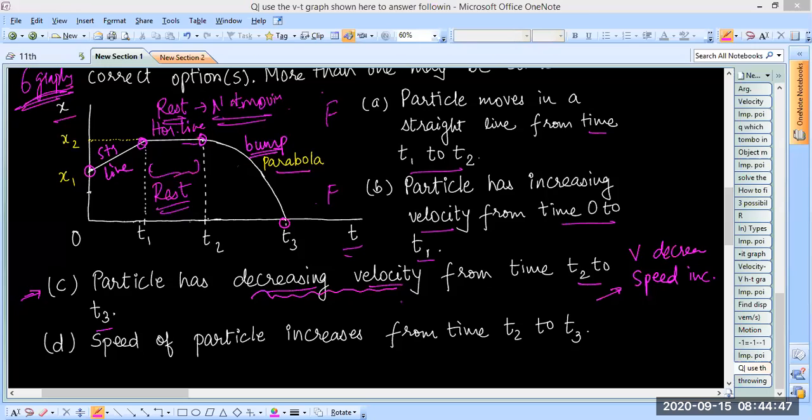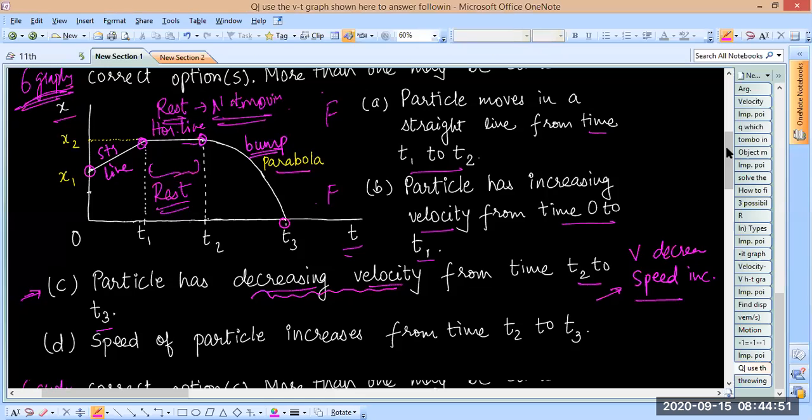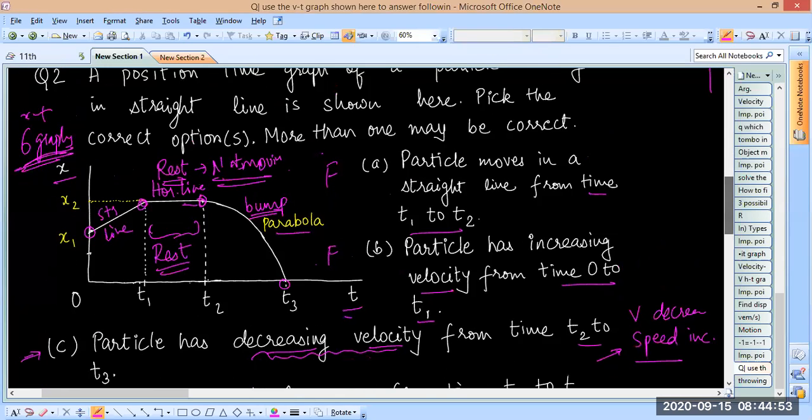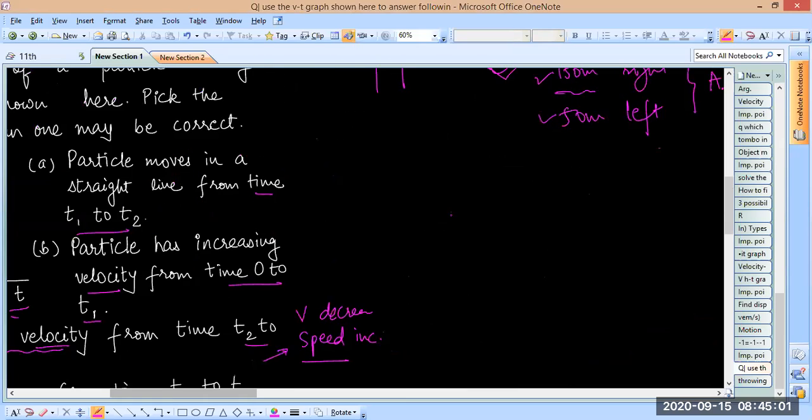See, how do I know speed is increasing? Let me tell you that. Have a look. It is that here the slope is nearly zero, right? Where the graph is like this, right? So what's happening is that here the slope is nearly zero, so velocity is zero. Then here it will be a little bit negative, so maybe like -5.